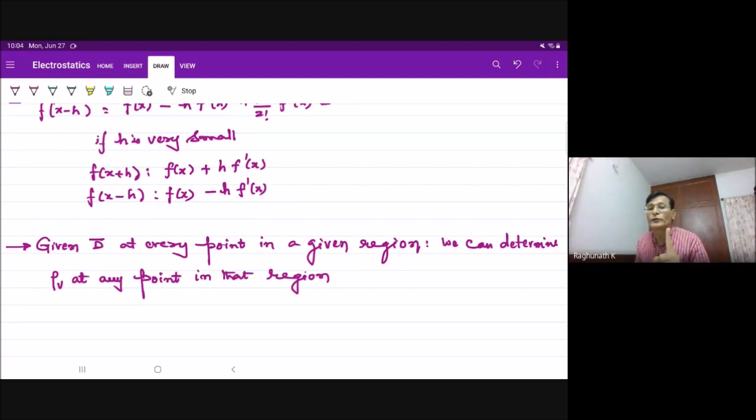No textbook gives this, I'm sure about my statement. Listen carefully if you want to understand and appreciate this topic. We can determine rho v at any point in that region, the volume charge density.